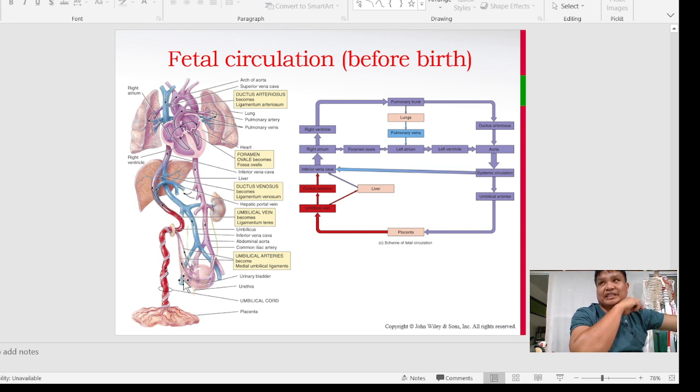Same sa imong pulmonary circuit. Sa pulmonary circuit, ang imong veins instead niya magdala siya unoxygenated blood, ang ginadala niya, oxygenated blood back to the heart. Diba? Ang imong pulmonary artery, instead niya magdala siya oxygenated blood, kay artery man unta, ang gidala niya unoxygenated towards the lungs.